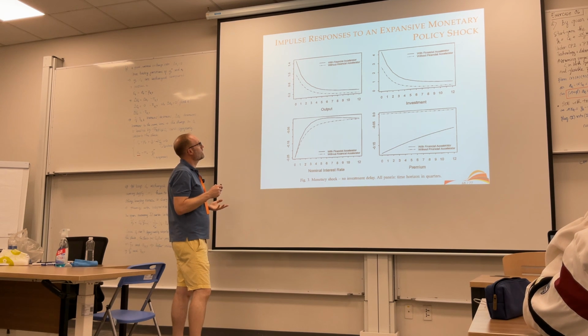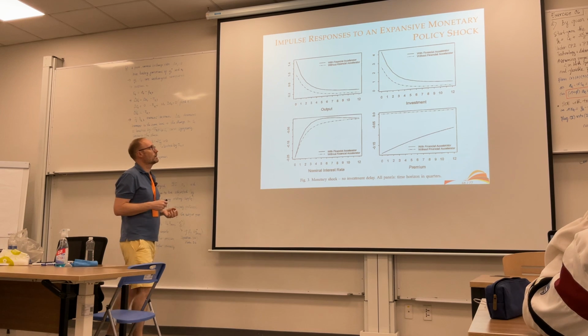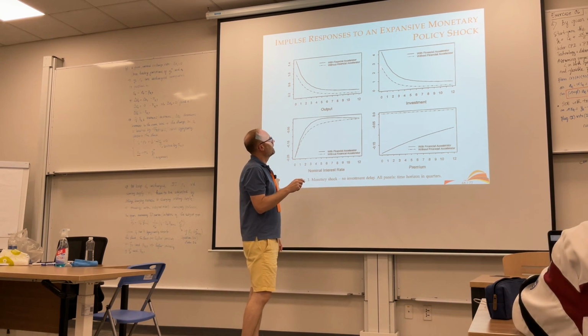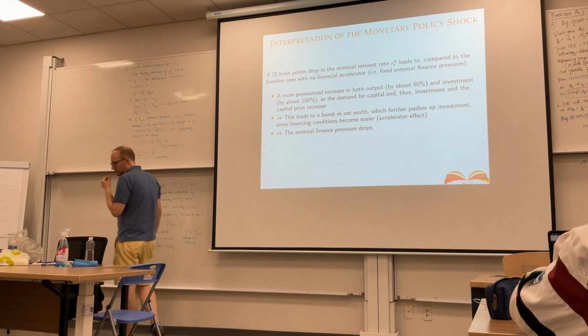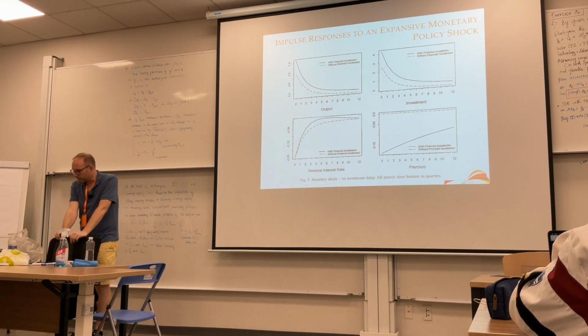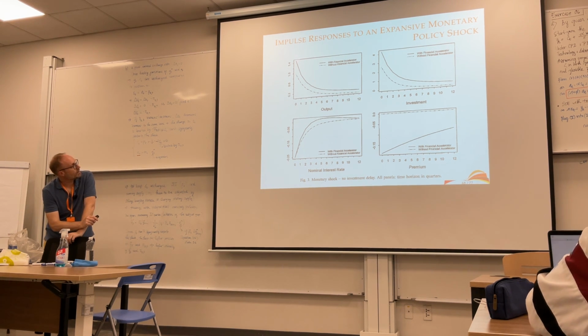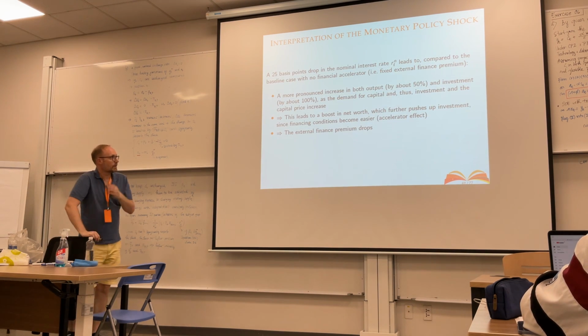We had a positive increase of about 0.7, and now it's nearly 1.5 percentage points higher than before. Investment also almost doubled. Oh, about 50%, yeah. So I should probably just call this almost 1. So it's about a 50% increase in output and almost a 100% increase in investment.